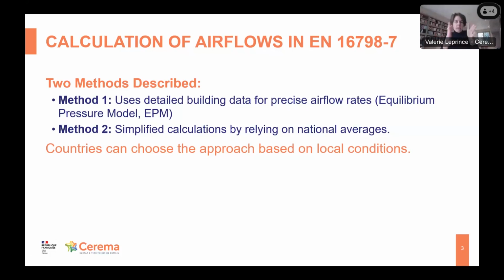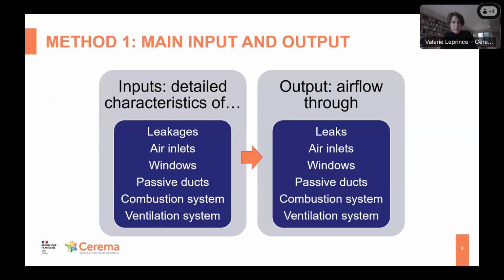But in the standard, we give much detail on how to calculate precise airflow rates. For method 1, you will need as input detailed characteristics of leakages, air inlets, windows, passive ducts, combustion systems, and ventilation systems. Because, as I said, anything that induces a flow rate interacts with one another in a building. As an output of the method, you will get the actual airflow through leaks, air inlets, windows, passive ducts, combustion systems, and ventilation systems.